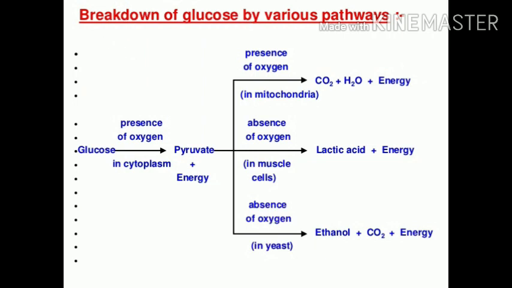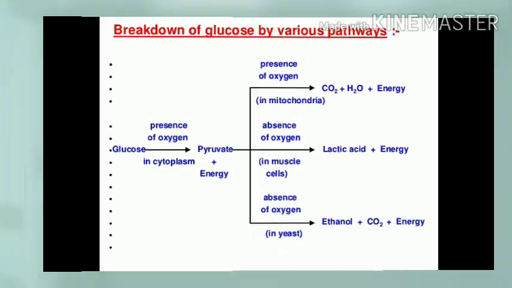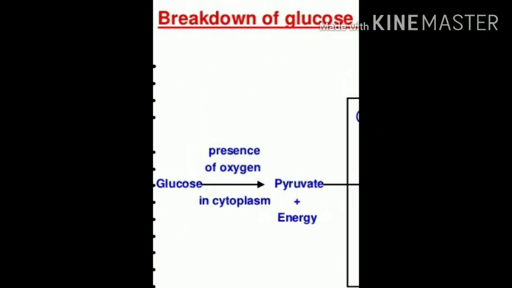In the process of respiration, glucose, which is a 6-carbon molecule, breaks down into pyruvate or pyruvic acid, which is a 3-carbon molecule. The oxidation of glucose to pyruvate is called glycolysis. It occurs in the cytoplasm of a cell and not in the mitochondria. The oxidation of glucose to pyruvic acid does not require oxygen.